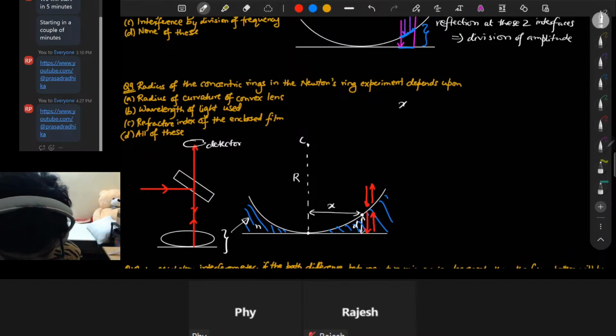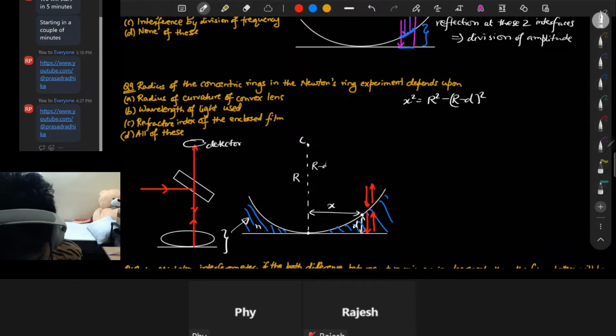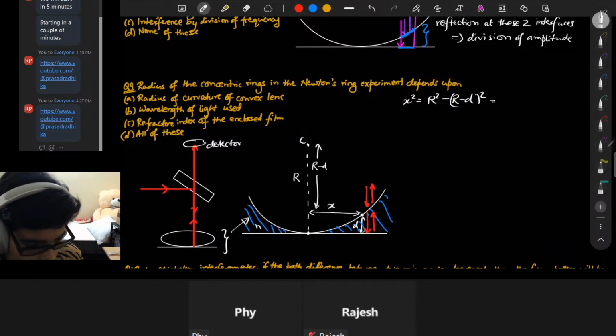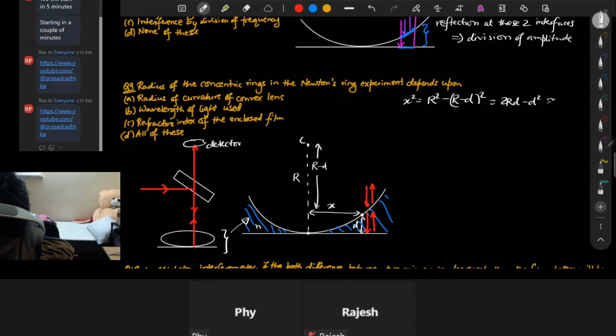From Pythagoras theorem, we have x squared is r squared minus (r minus d) whole squared, because this distance is r minus d. Okay, and if we open up the brackets, we get 2rd minus d squared, which can be approximated as 2rd for the case when r is much larger than d. So I can neglect this d squared term.